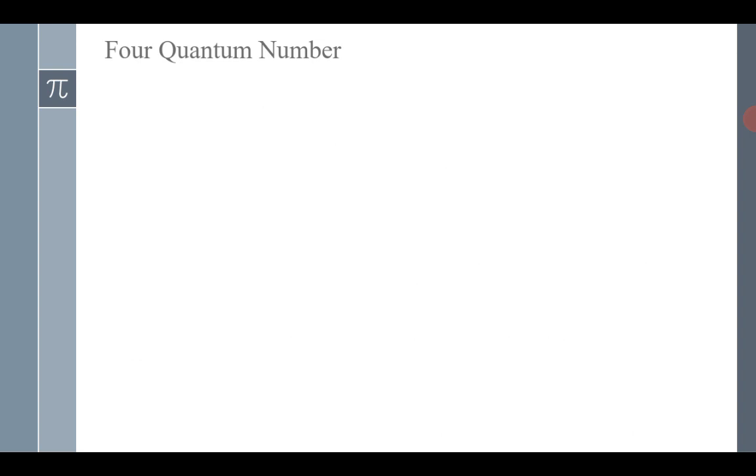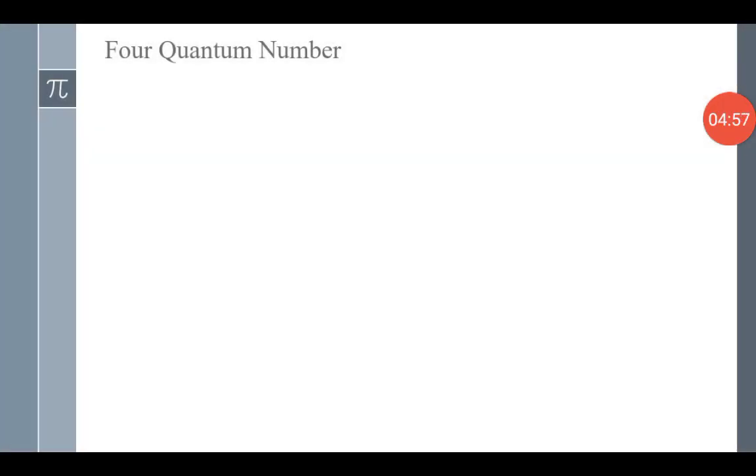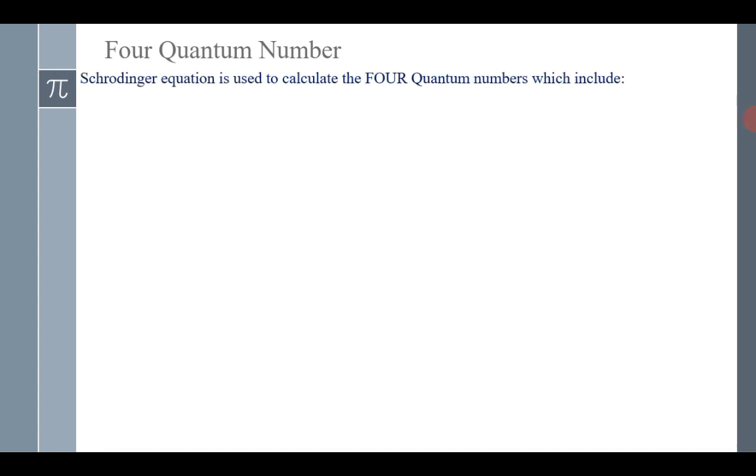As worked out from this Schrodinger equation, the four quantum numbers have the following values.